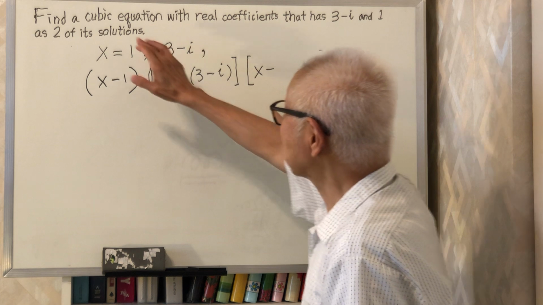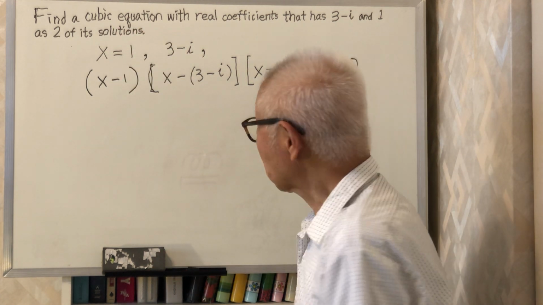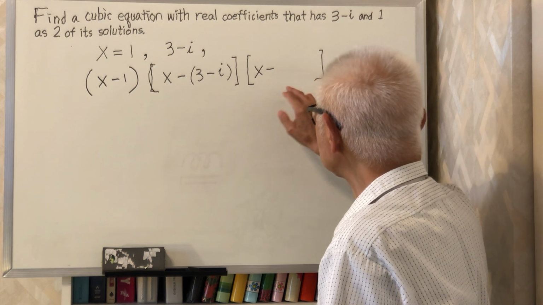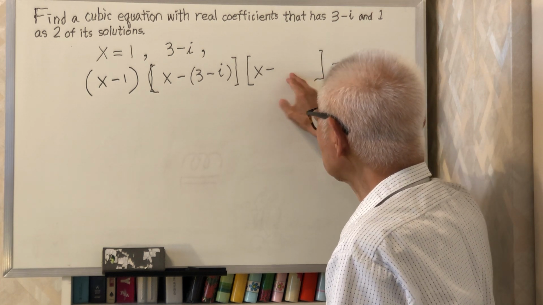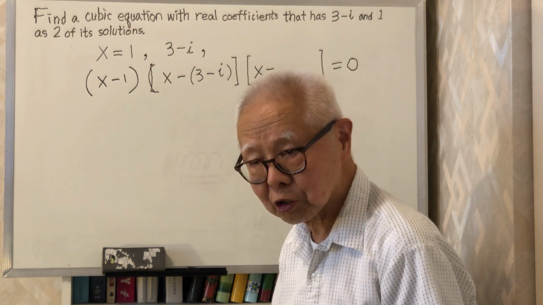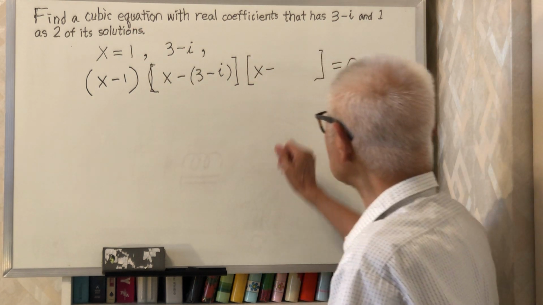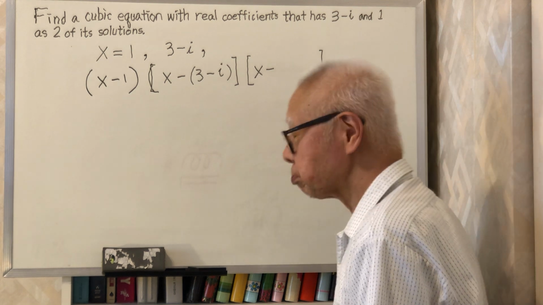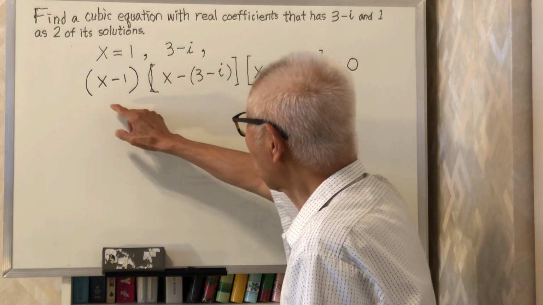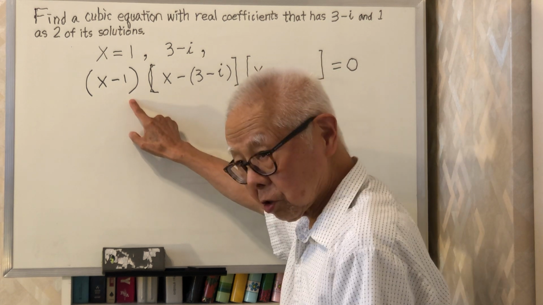I want to find the cubic equation. In other words, I know this part already. If I know this part, I just expand it. I get the cubic equation. How do I find this part? Look, the cubic equation, I already know one factor.